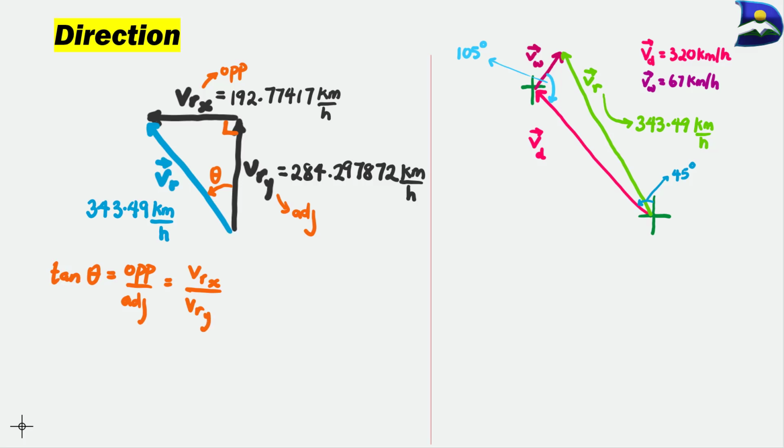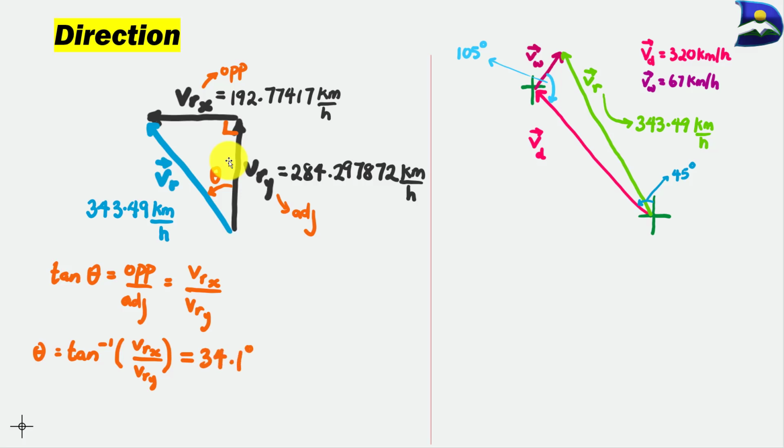And once you do the inverse tan of this particular ratio, we should be able to determine what the final answer is. To determine it, you put the numbers here into your calculator as shown, and our theta is equal to what?